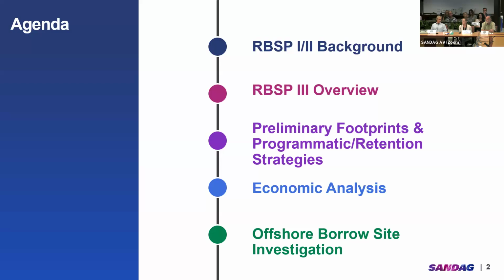That's going to include showing some of the preliminary footprints that we've been working through with each of the different jurisdictions, as well as some of the differences with this approach, which is investigating some programmatic strategies and some retention opportunities. And then Dr. King is going to give a background on the results of the economic analysis preliminarily, and we'll talk a little bit also about the offshore borrow sites that we've been looking into. So with that, I'm going to hand it to Chris.